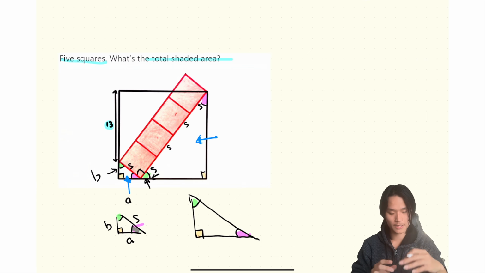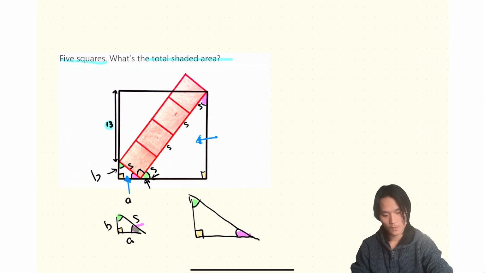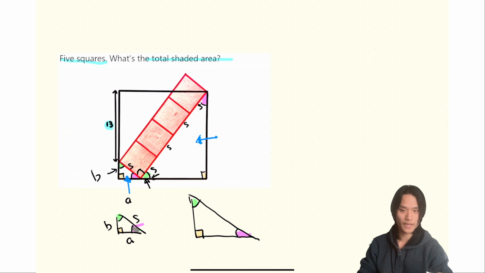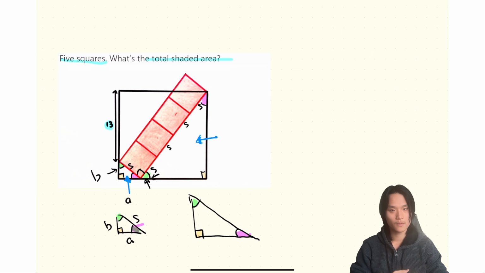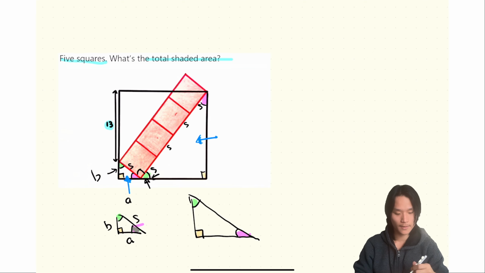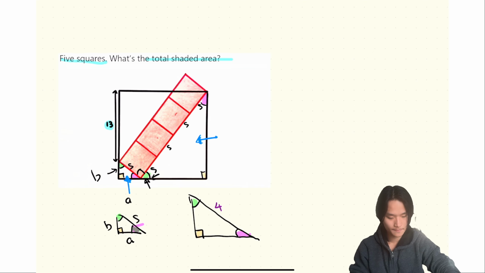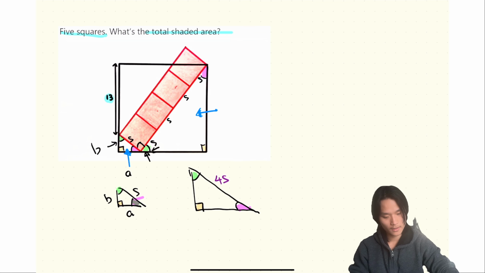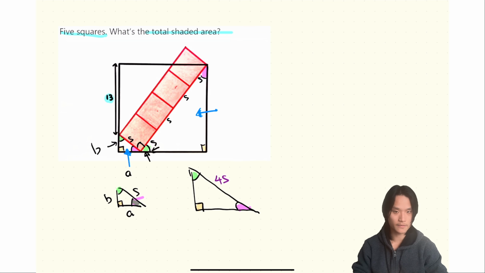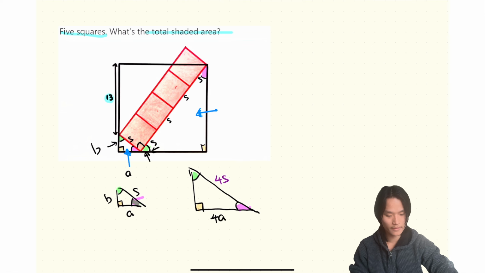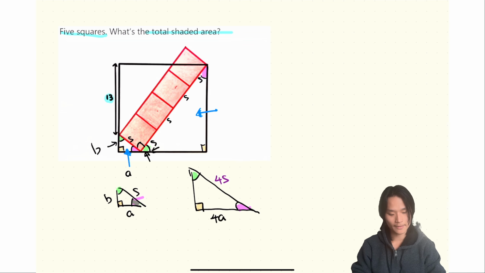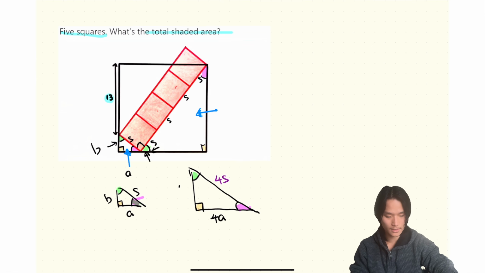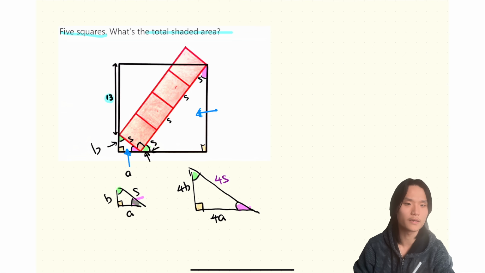So what is the hypotenuse of this bigger triangle? Notice back on the original diagram, it's actually just 4s. Because they are similar, the proportions stay the same. So in terms of a and b, the base of this triangle is actually just 4a, and the height of the triangle is in fact 4b.